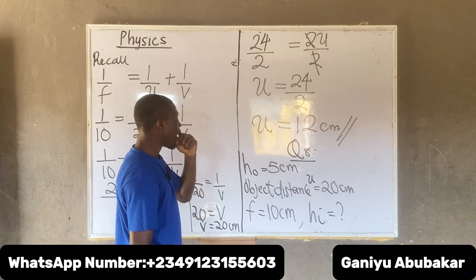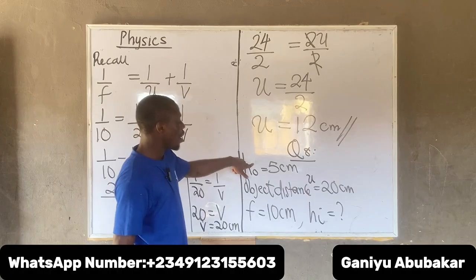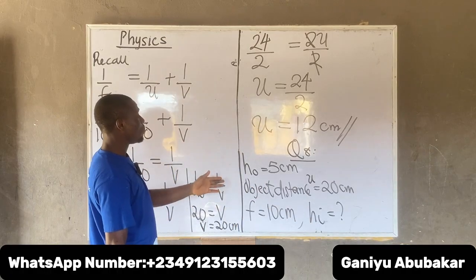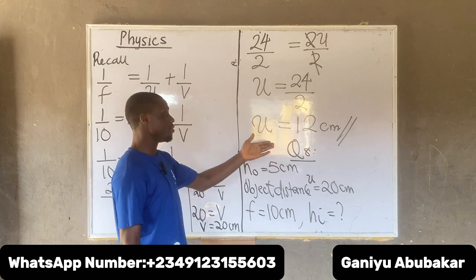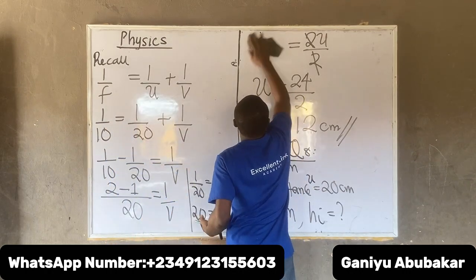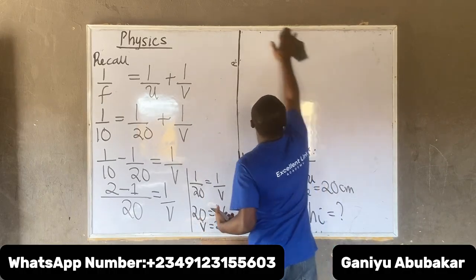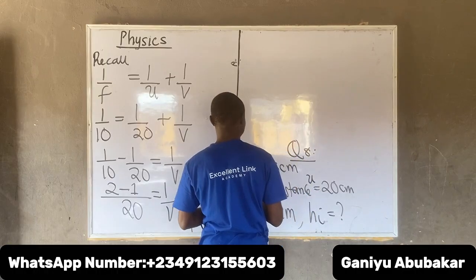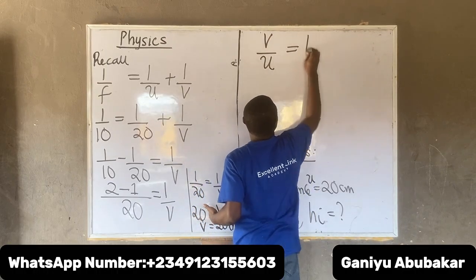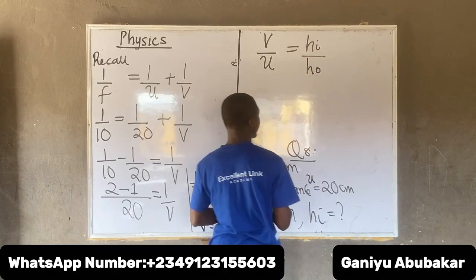Now, since I know u, I know v, I know ho, and I don't know hi, I can bring up the formula from question 7 that we used earlier. So I'll bring up the idea of v over u equal to hi over ho, equating two magnifications.